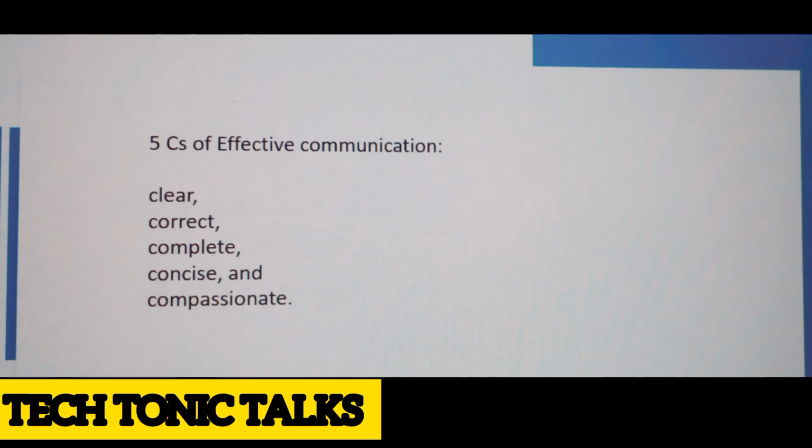You have to be clear on what you are speaking. You need to be correct. You have to speak it correctly, completely, complete the sentence properly, and don't speak the same repeated words for a longer time. Be concise, be relevant to the topic, and be compassionate.